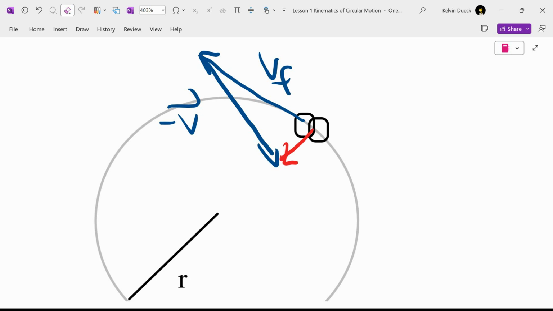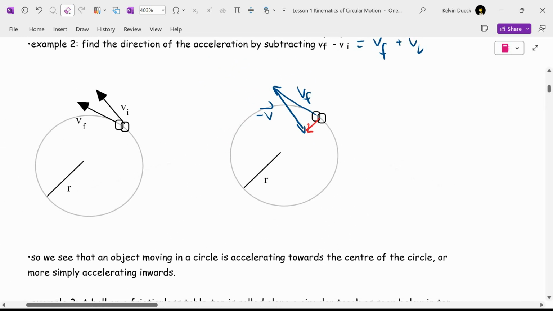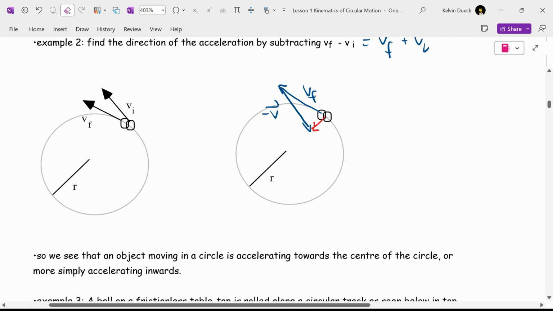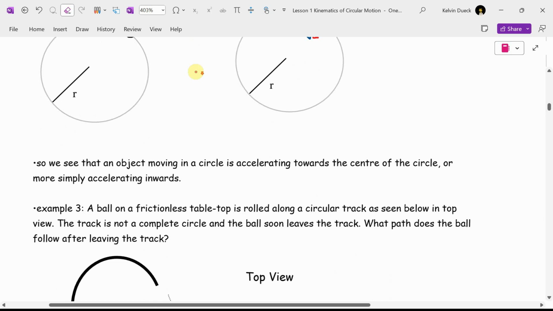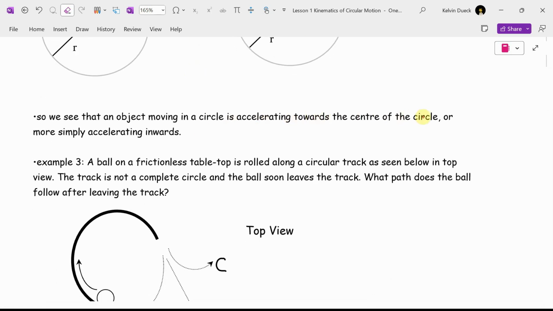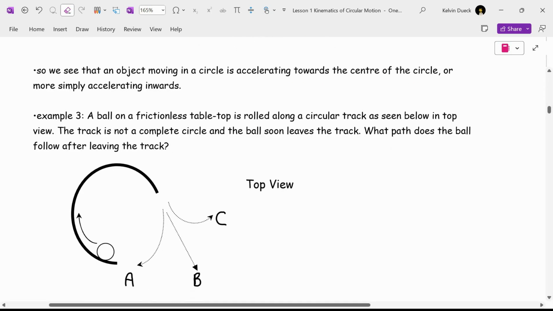Everybody. Toward the center. Which direction? Toward the center. Has to be based on all of our Newton's laws stuff. If you're accelerating in that direction, that's got to be the winning direction. Which way will the longer arrow always be pointing? Toward the center. So we see that an object that's moving in a circle is accelerating towards the center of the circle, or accelerating inwards.